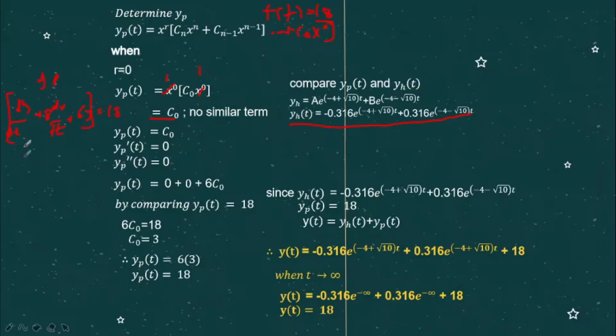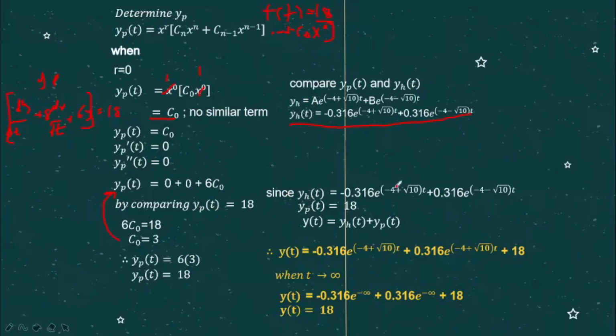This is 0, and plus 8 times 0 equal to 0. 6 times y is c_0. So we get here 6 c_0. By comparing with 18, both left hand side and right hand side are constant, so we can directly get c_0 equal to 3. And then c_0 equal to 3, we substitute back into this equation and we get yp(t) equal to 18.